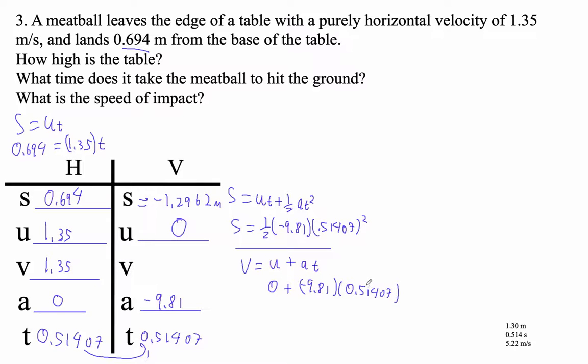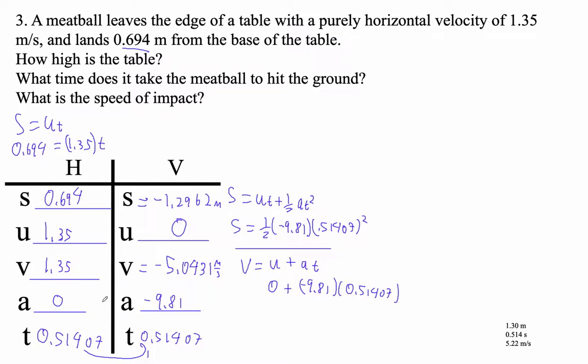So negative 9.81 times that 0.514 answer that I got before. And that's negative 5.043, negative 5.043066666 meters per second, right?